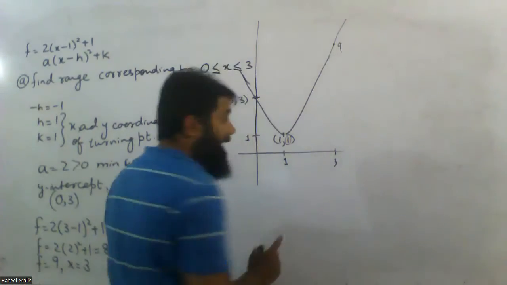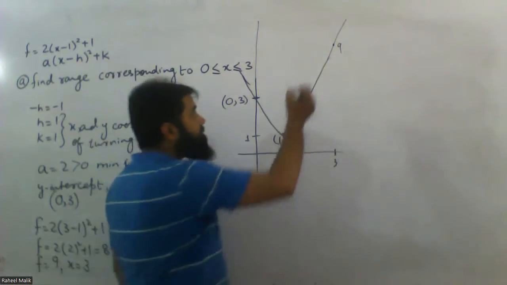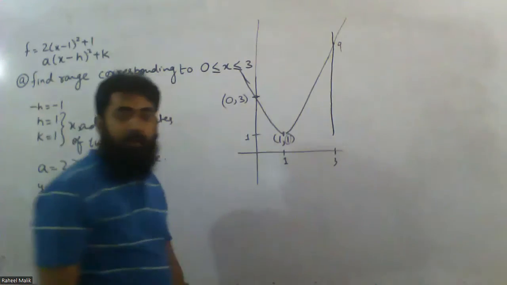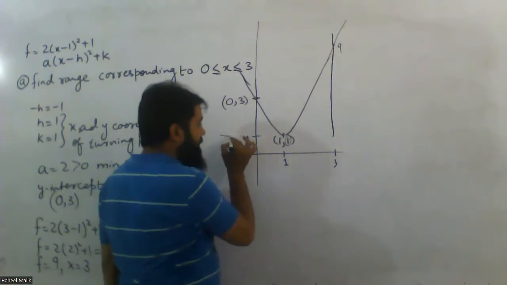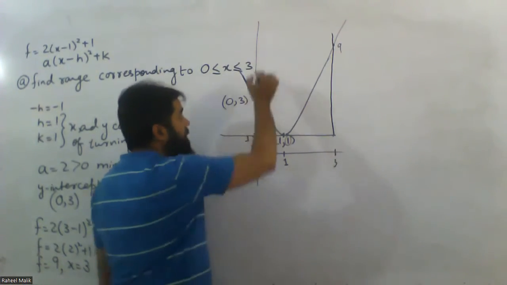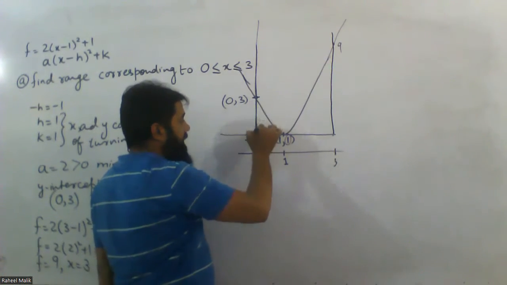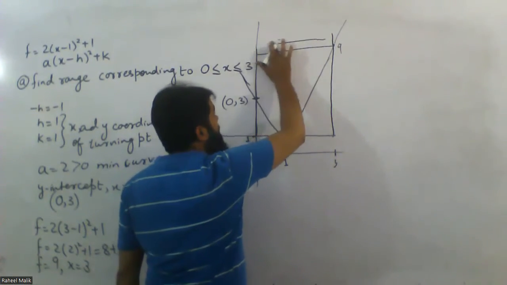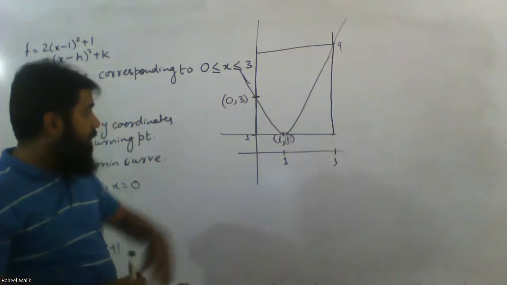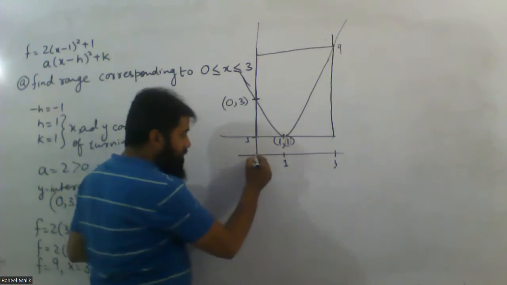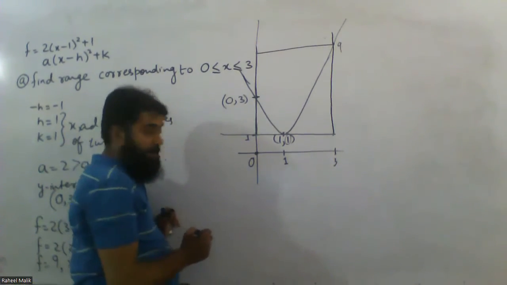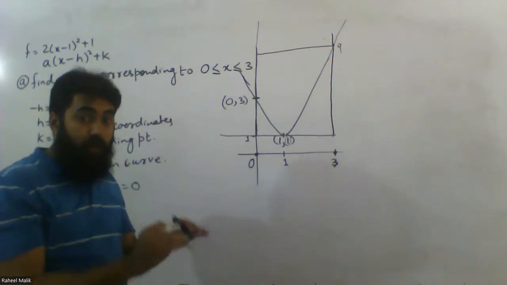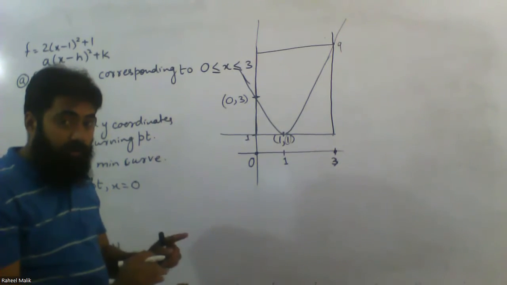See, you will make a rectangle over here from this point, and from this point you will make a rectangle. So now from x equals to 0, which is somewhere over here, and x equals to 3, which is somewhere over here, what is the smallest value of your range?